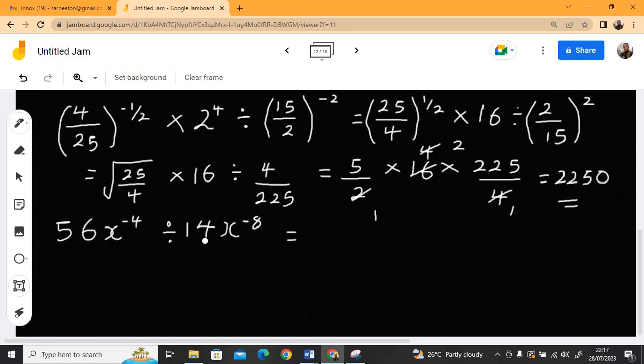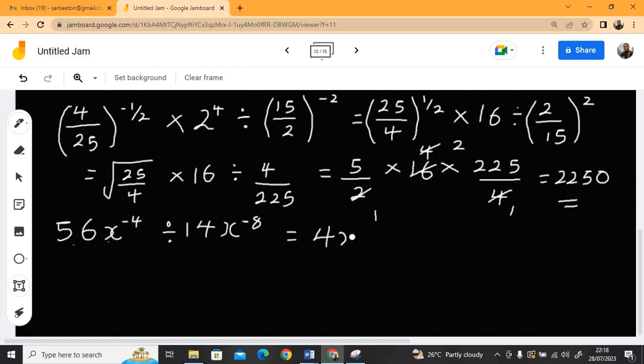56 divided by 14 should be 4, since 4 times 14 is 56. These are numbers, so you cannot apply the laws of indices because they don't have the same base. So you write the 4. Now they are both x. Look at this one: they have the same base, x.